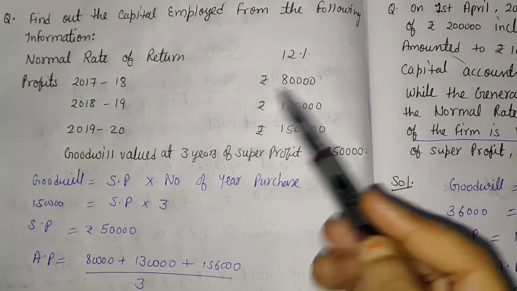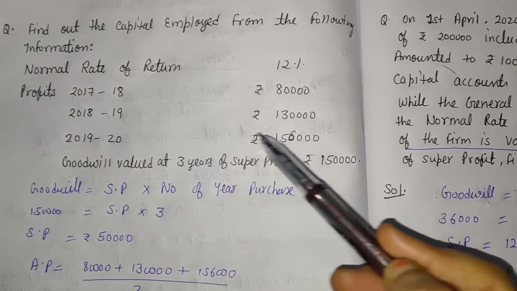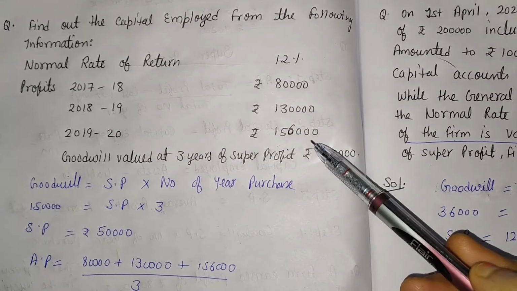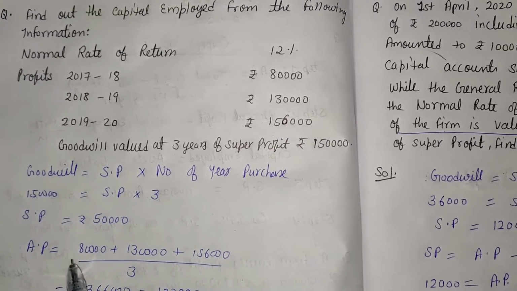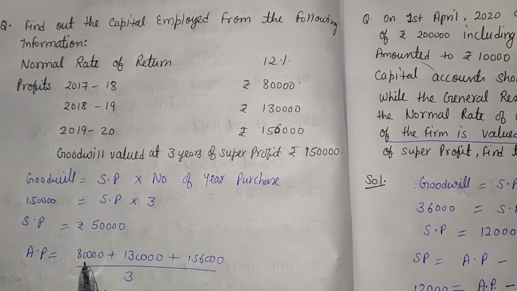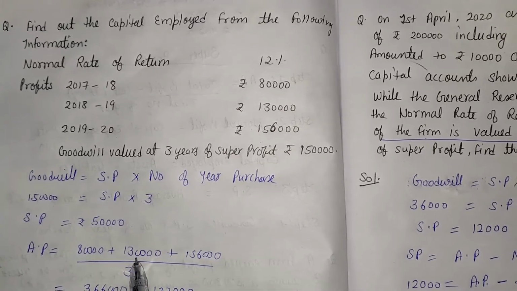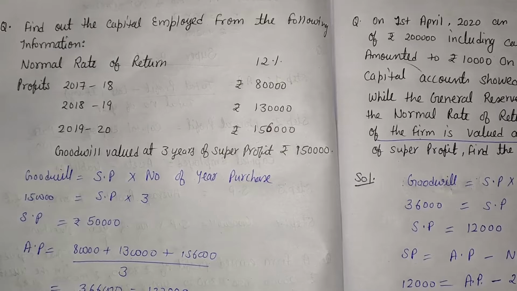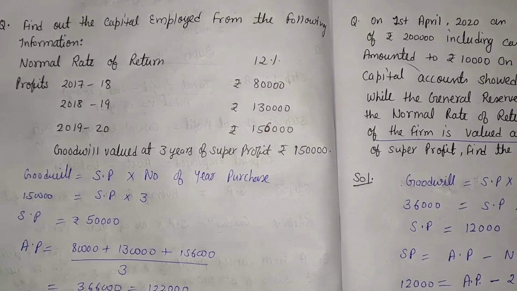Now here also 3 years' profit is given. With the help of those 3 years, we can easily get the average profit. The formula of average profit is the total of all the profits, that is 80,000 plus 1,30,000 plus 1,56,000, divided by 3. We get 1,22,000.